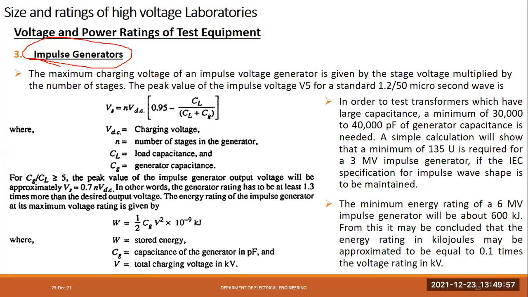In such cases, it should be given by Vs is equal to N VDC times 0.95 times CL by CL plus CG.